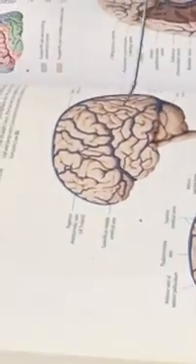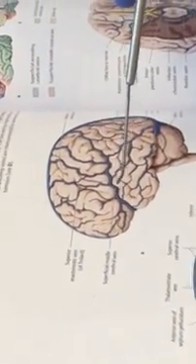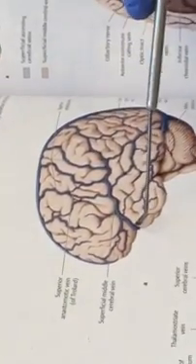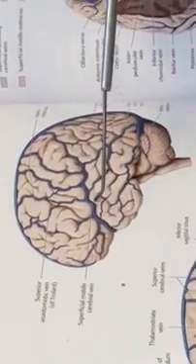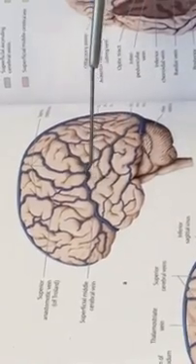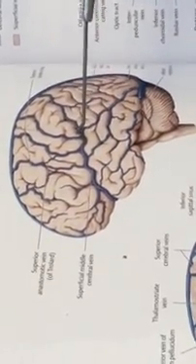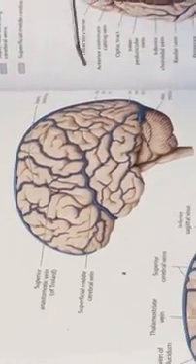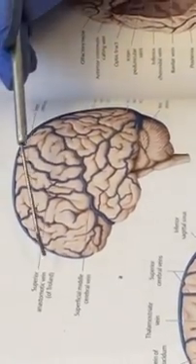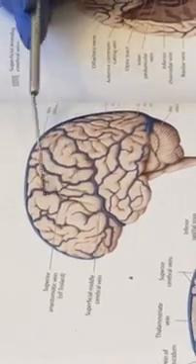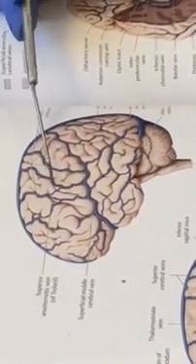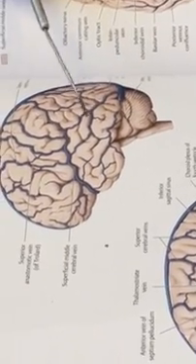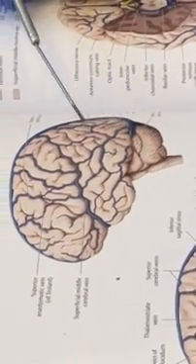Now between them, we have another one, the superficial middle cerebral vein, which follows the lateral cerebral fissure, or sulcus. It provides anastomoses with the superior and the inferior cerebral veins, which have special names. The Trolard anastomosis is with the superior cerebral veins, and the Labbé is with the inferior cerebral veins.